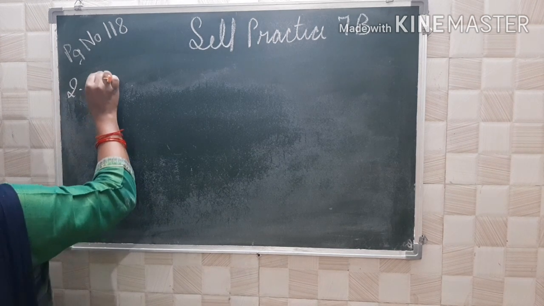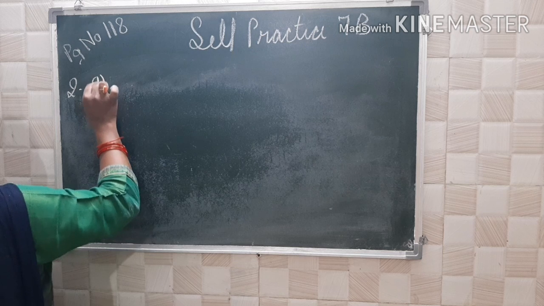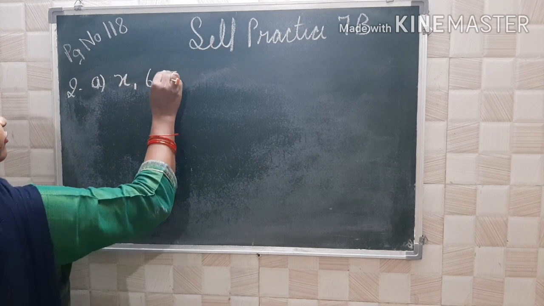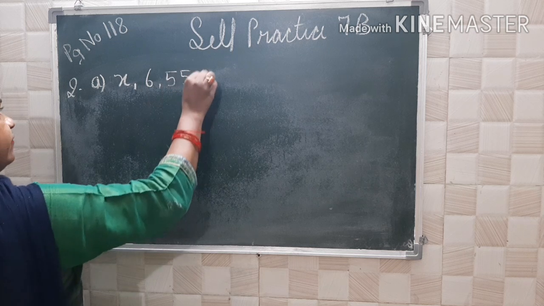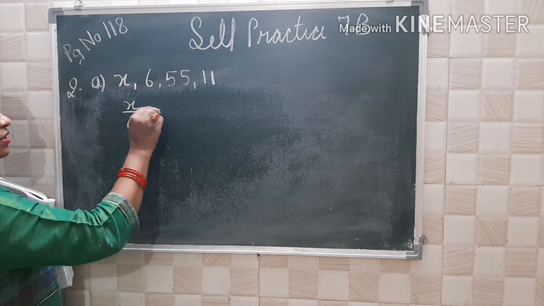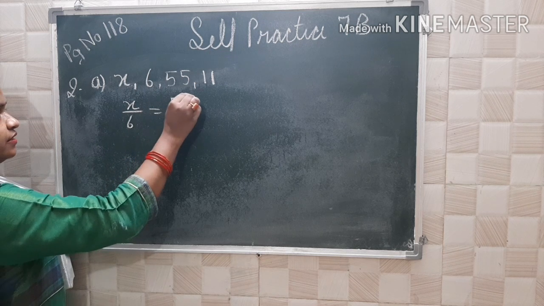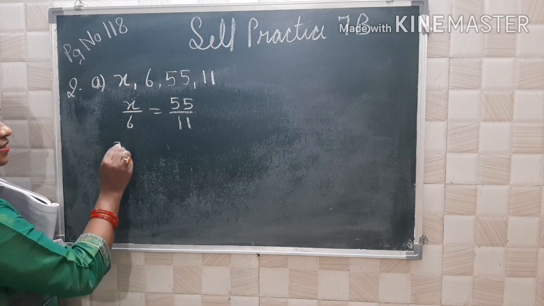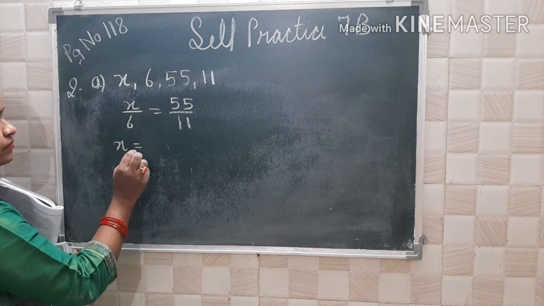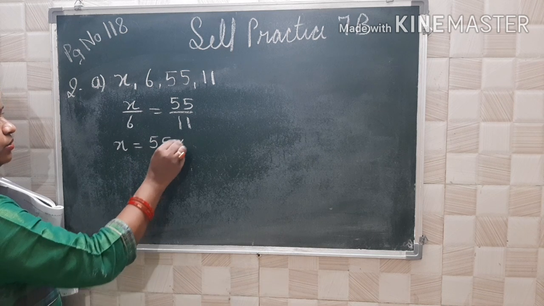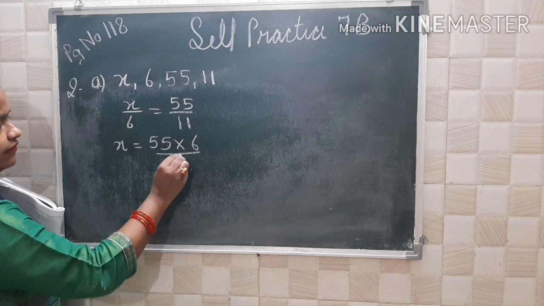First, A part, x, 6, 55, 11. So what I have said, the products should be equal to each other. So here what will be x? X is equal to 55 into 6 upon 11.